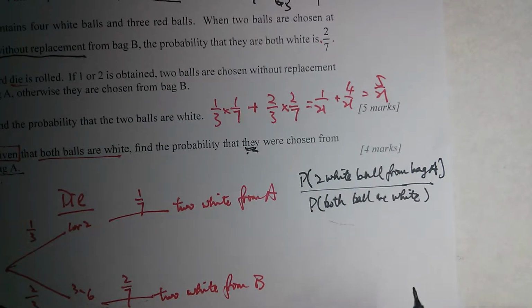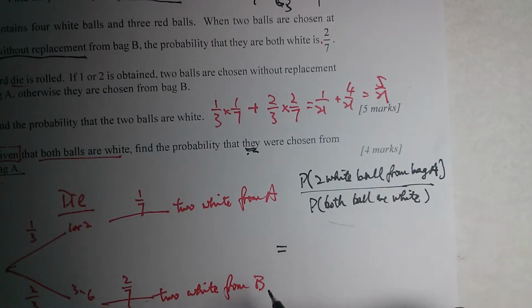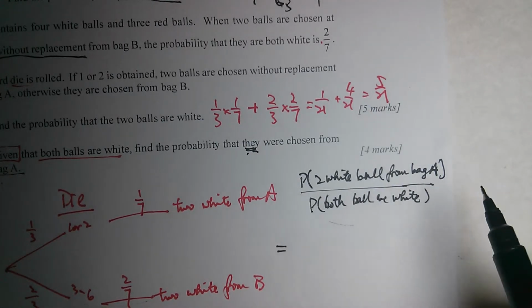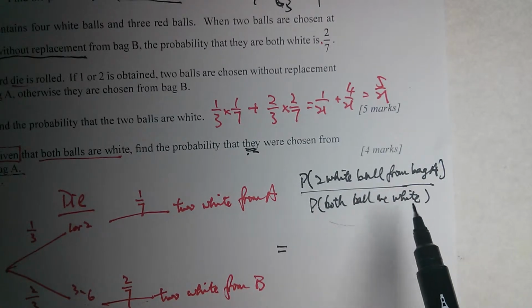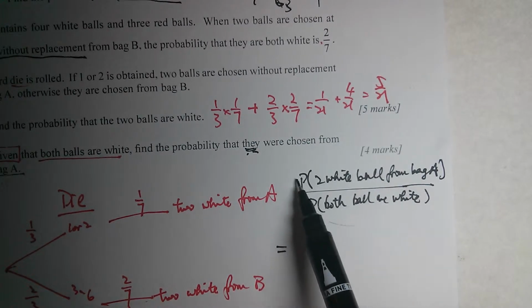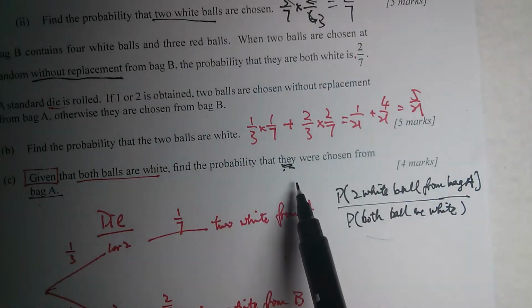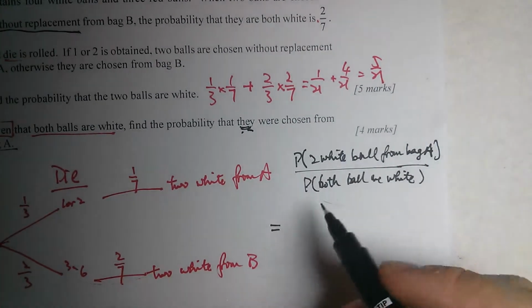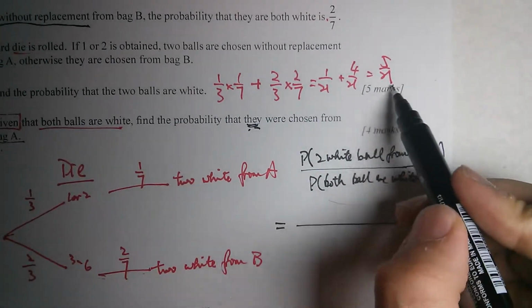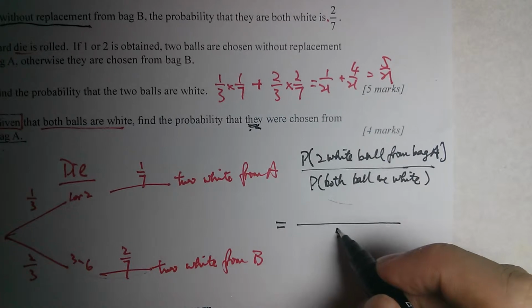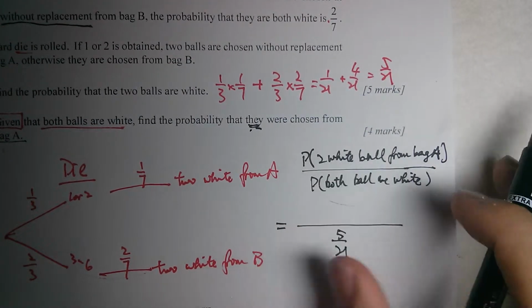It's almost like a formula, but I don't really want to write the formula in symbols because I'm afraid you can't understand it. The idea is the denominator is the probability of your shrunken world, and above is the probability of the event that you want inside this world. The probability of both being white is obtained in part B, so it's 5/21.